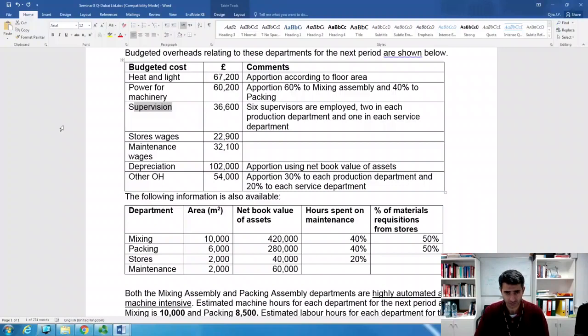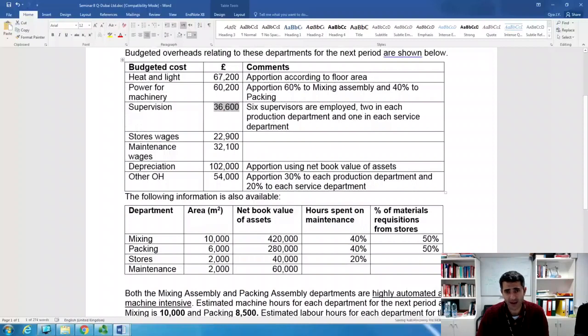So if you need to allocate it, starting with mixing, you would say 2 divided by 6, and then you multiply it by 36,600.